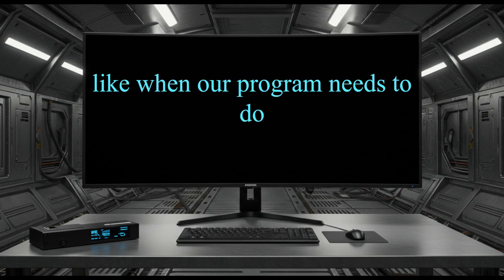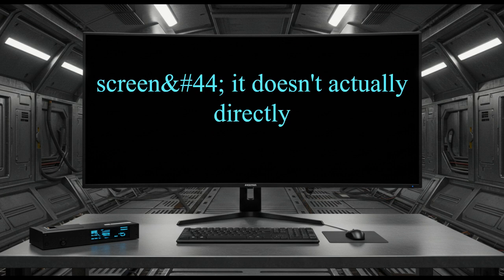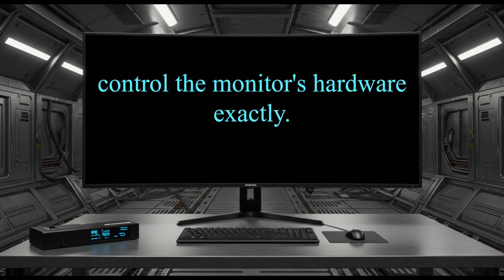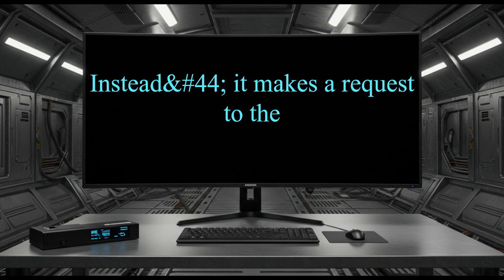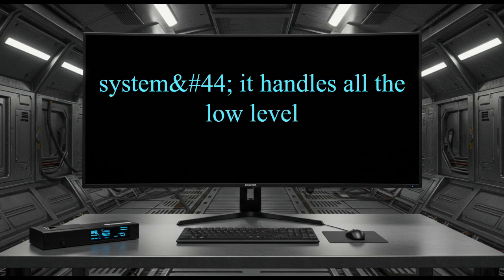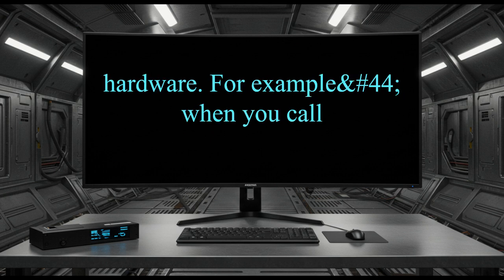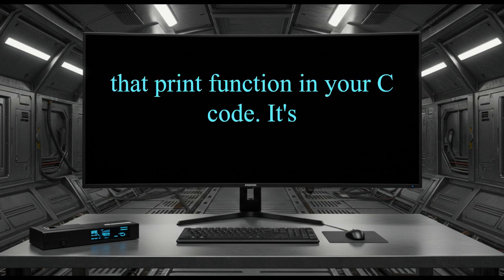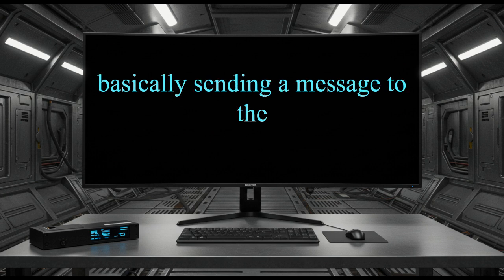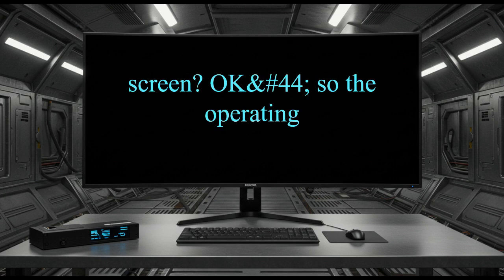Okay, so when our program needs to do something, like display text on the screen, it doesn't actually directly control the monitor's hardware. Exactly. Instead, it makes a request to the operating system. And the operating system handles all the low-level details of actually talking to the hardware. For example, when you call that print function in your C code, it's basically sending a message to the operating system saying, hey, can you please display this text on the screen?